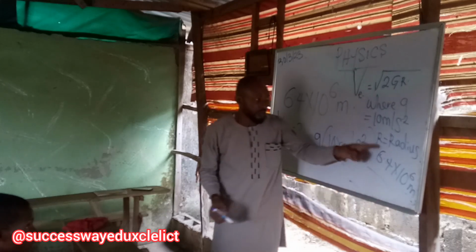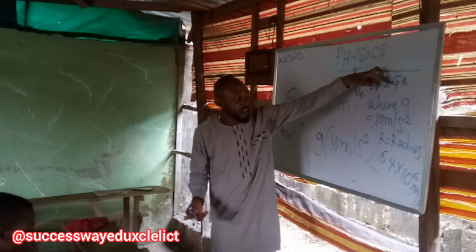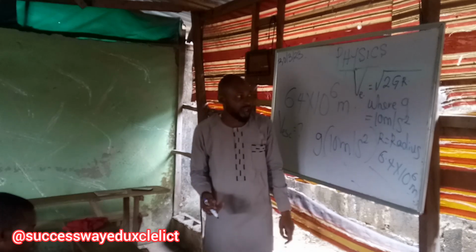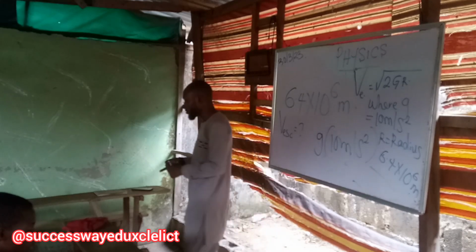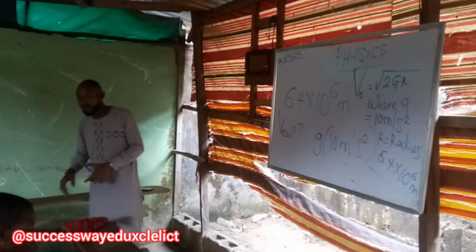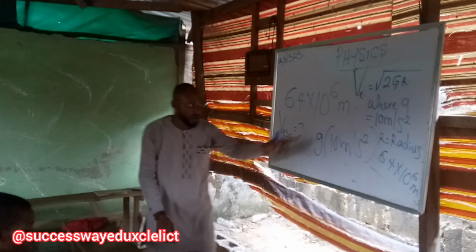All you need to do is substitute. So it's going to be 2 times 10 times 6.4 times 10 raised to power 6. Then take the square root, because I'm looking for velocity, not velocity square. So from here you can do that.